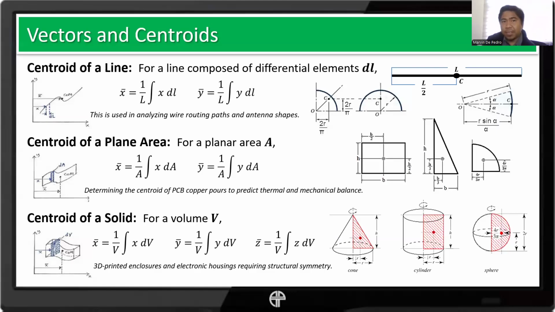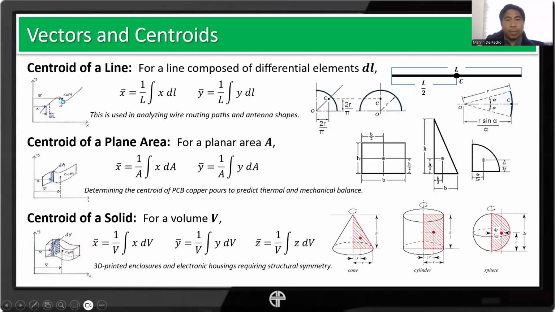But in general, for a line composed of differential elements dL, we can derive the x and y coordinates of the centroid using integration. Using this formula, we have 1 over L multiplied by the integral of x dL.